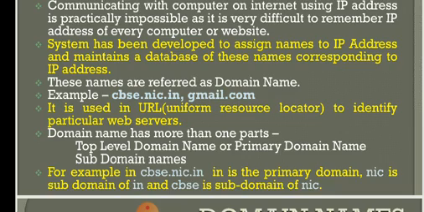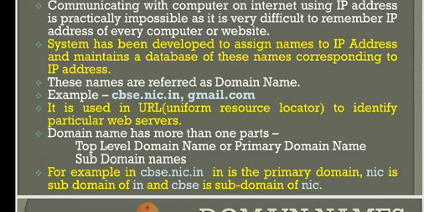For example, if you take cbse.nic.in, the primary domain in this is .in, and the subdomain is NIC. So NIC is a subdomain of IN. Similarly, in cbse.nic, NIC is the main domain, that is the primary domain, and the subdomain is CBSE.